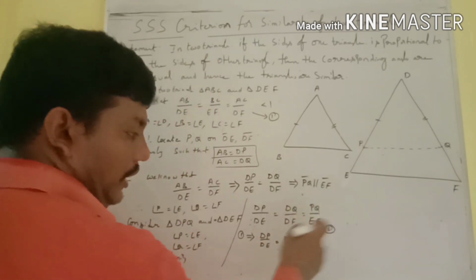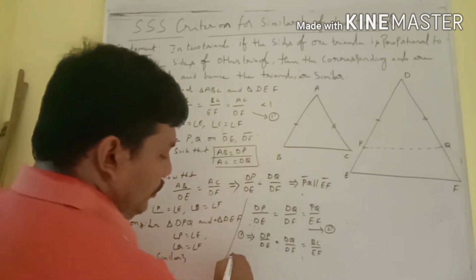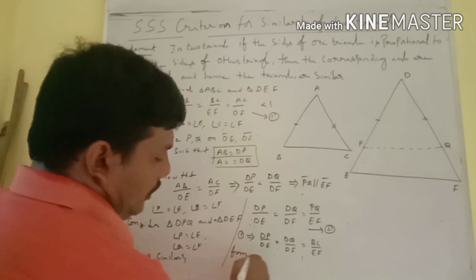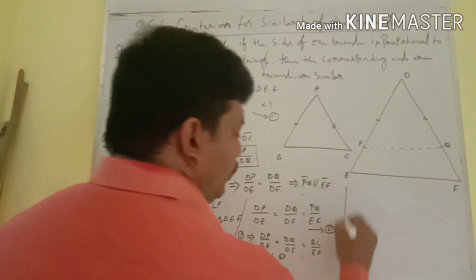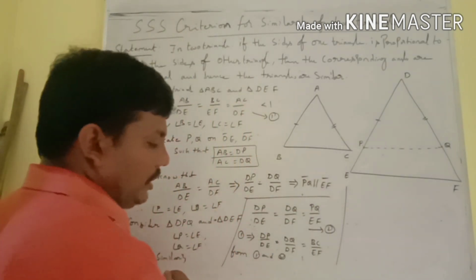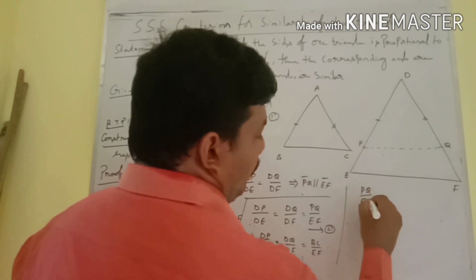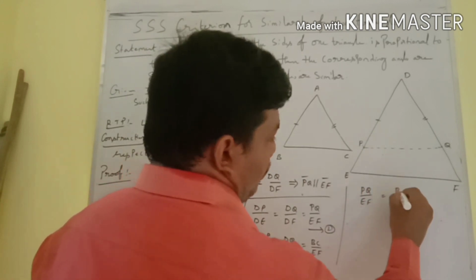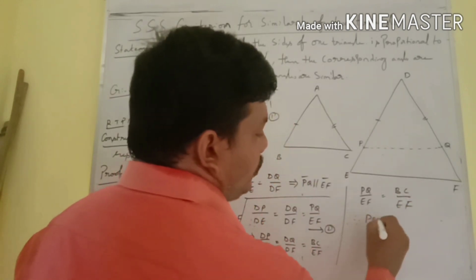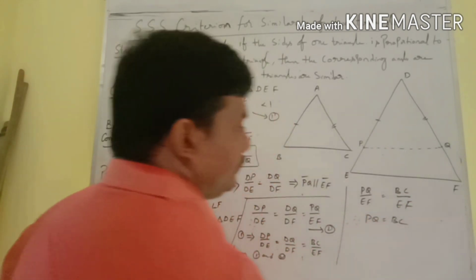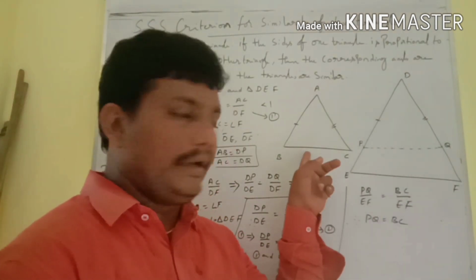From equations 1 and 2, what happens? PQ by EF is equal to BC by EF. Therefore PQ is equal to BC. This line is equal to this line.